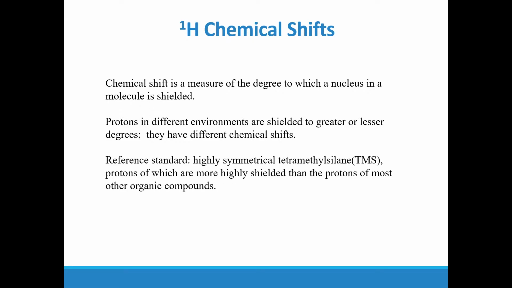To understand how these nuclei shift, we use a reference standard, tetramethylsilane, or TMS. Its protons are more highly shielded than the protons of most other organic compounds, so TMS will usually be the 0 that you see in an NMR spectrum.